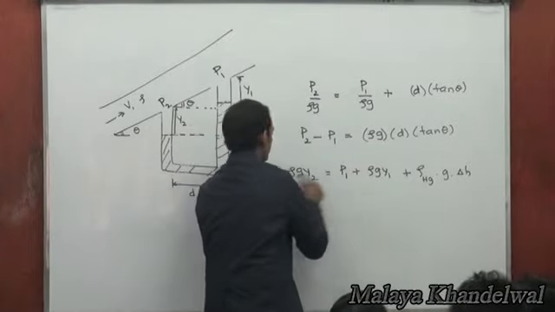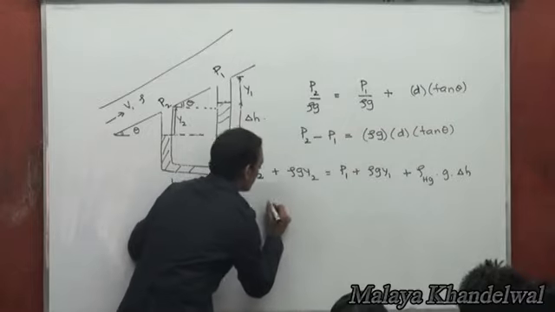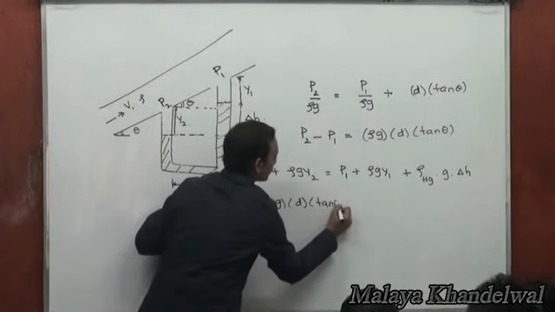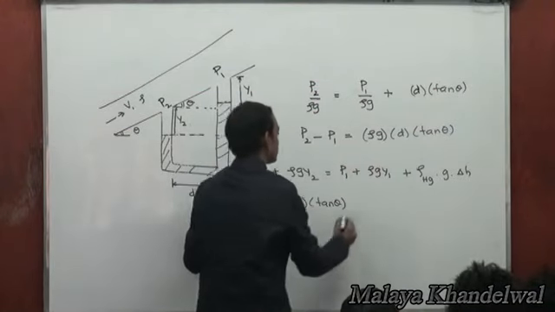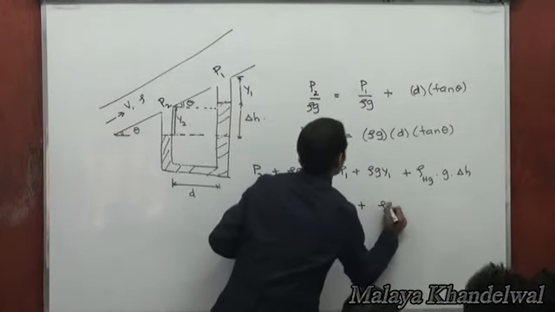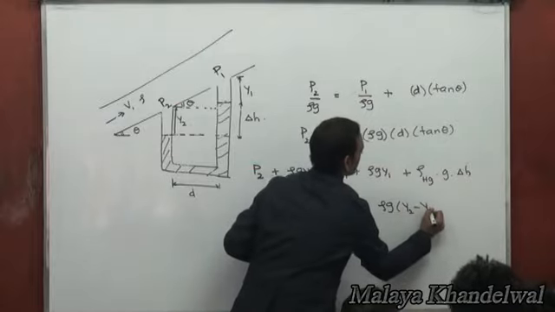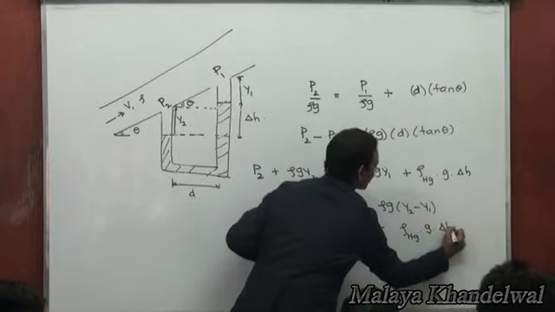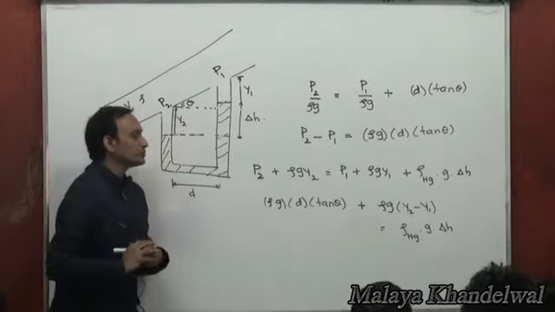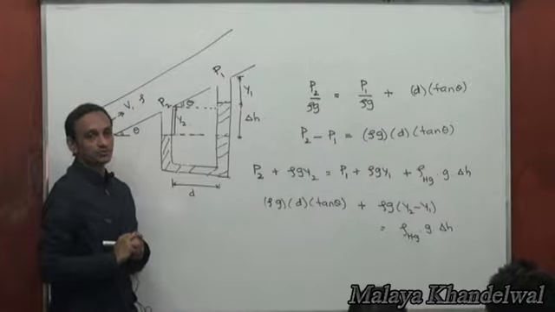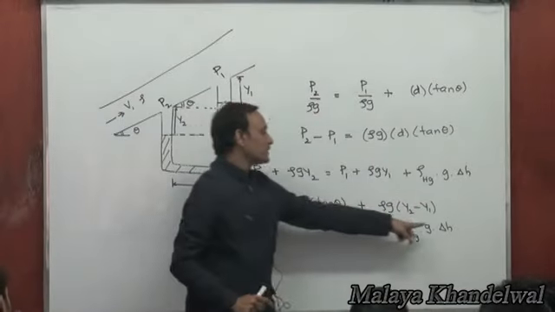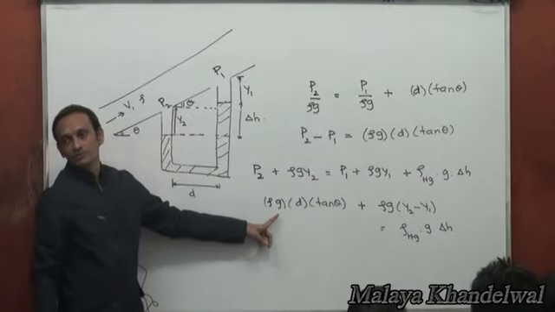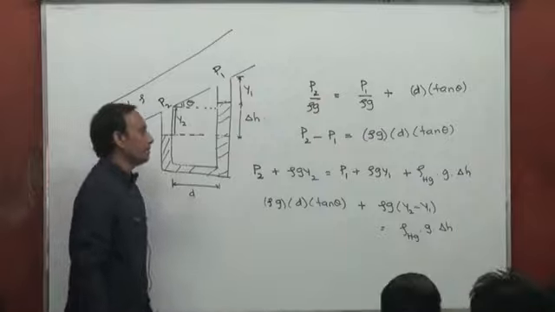See? But the P2 minus P1 that I obtained from this is actually rho g d tan theta plus rho g into y2 minus y1 is rho mercury g into delta H. Equating the P2 minus P1 obtained from the two equations, this is what I get, and the delta H, difference in mercury levels, could be obtained straight out of it. Right?